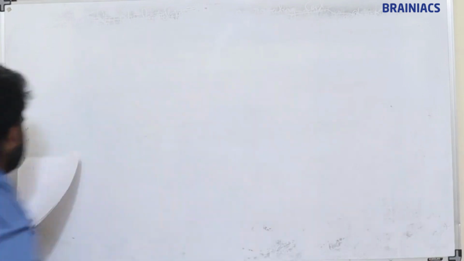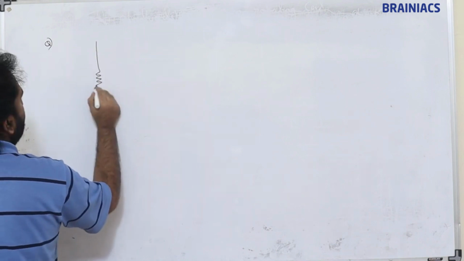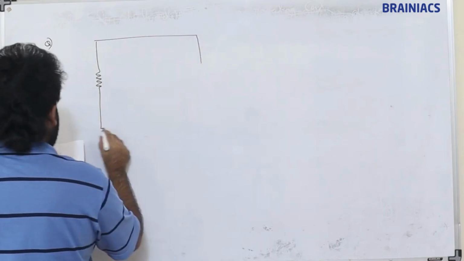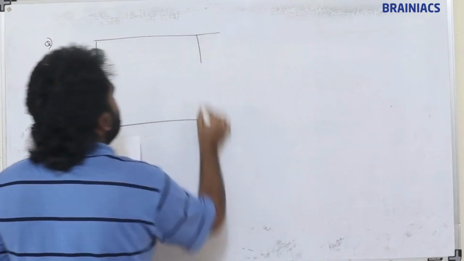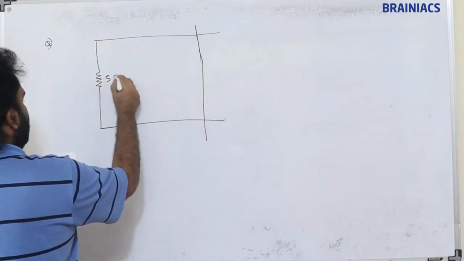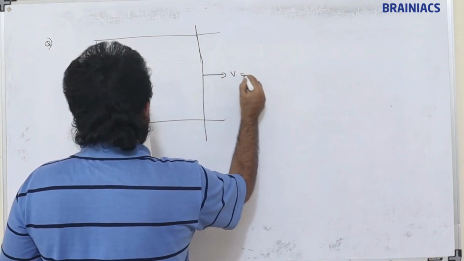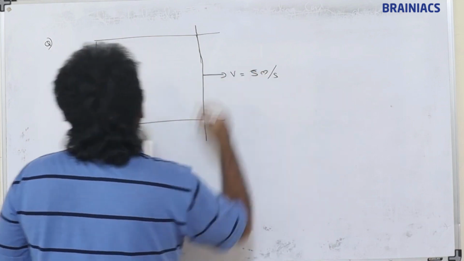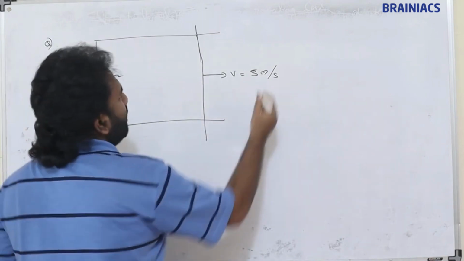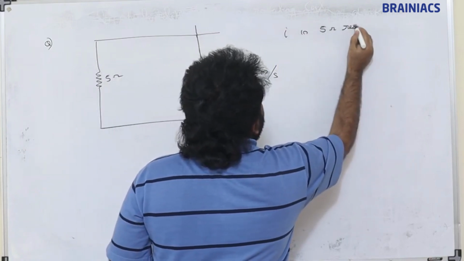Take down the circuit. Just like this, and we are keeping a rod like this. This is 5 ohm, and this rod is moving with velocity V equal to 5 meter per second. The question is: find I in the 5 ohm resistor.